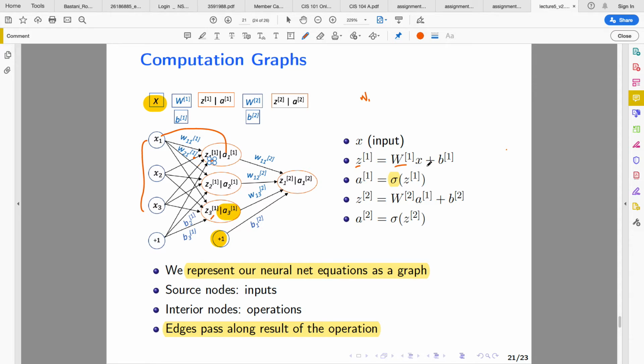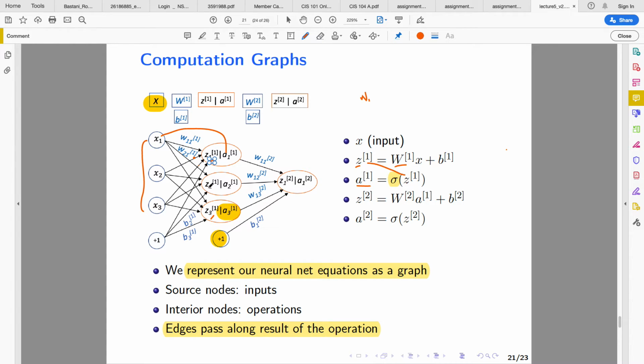Then we have the bias. After we are done, we pass Z1 through the activation function. Let's say we have chosen sigmoid. So we pass this into the sigmoid activation function to give us the activation map.